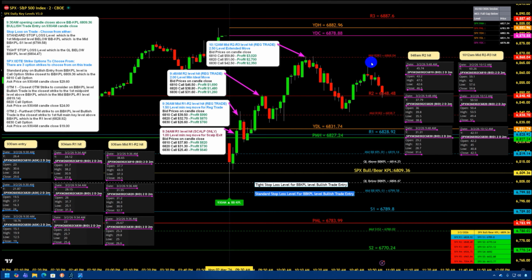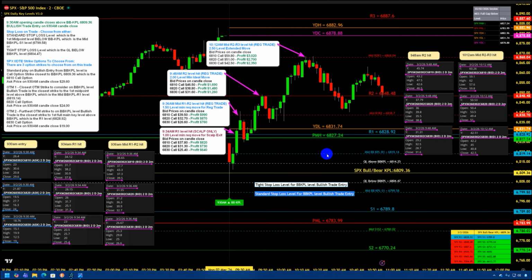If you're taking bullish trades off of other main key levels, the main key levels with this indicator are the bull bear KPL and the R1 through R6 above and the S1 through S6 below. You can also take trades off of the YDH, YDC, YDL, PMH, and PML levels.